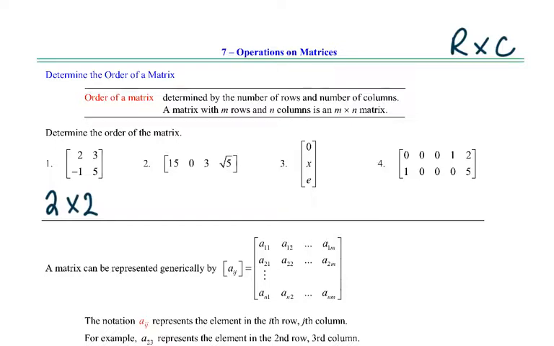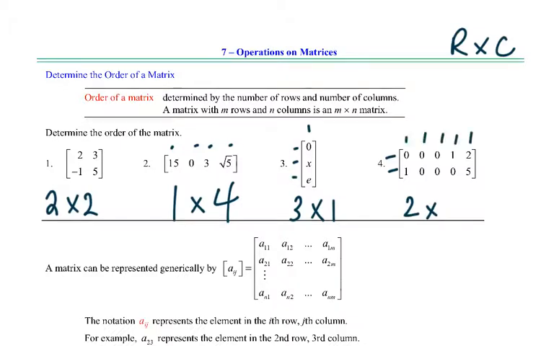In 2, we have 1 row and 4 columns, so 1 by 4. In example 3, we have 3 rows and 1 column. In example 4, we have 2 rows and 5 columns. So you can see finding the order of a matrix is not too terribly difficult. You're just counting the rows and counting how many columns there are.